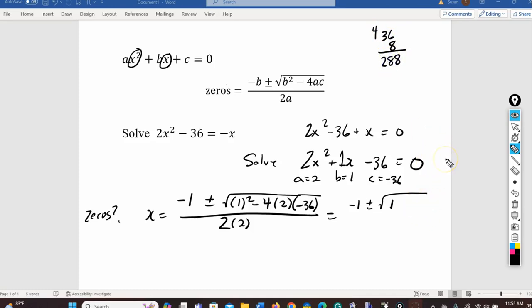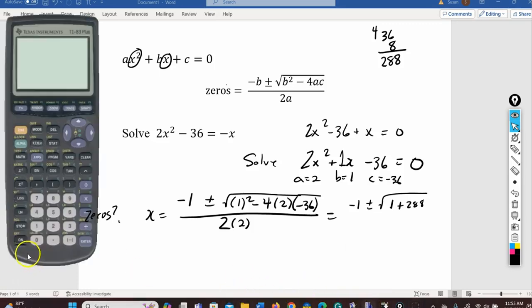Okay, so make sure I did that right. So I'm going to double check that. Four times 2 times 36 is 288.